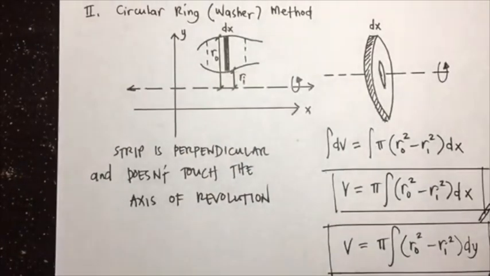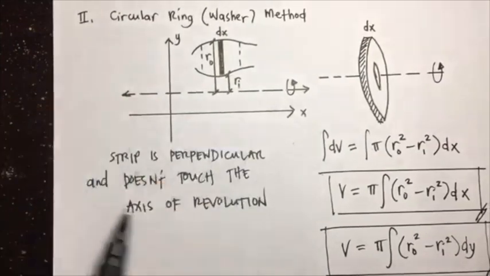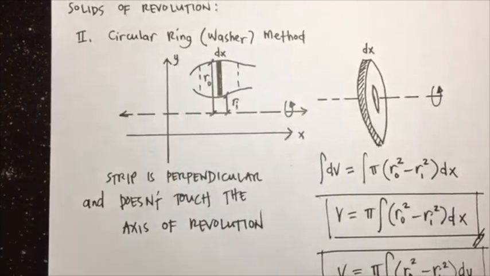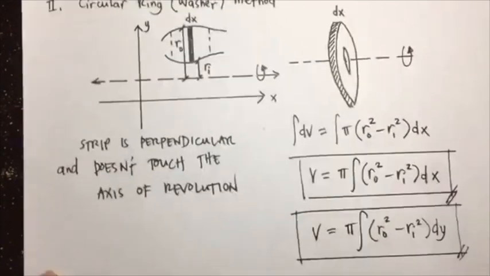Generally, if the case is this, then we use the circular ring or the washer method.